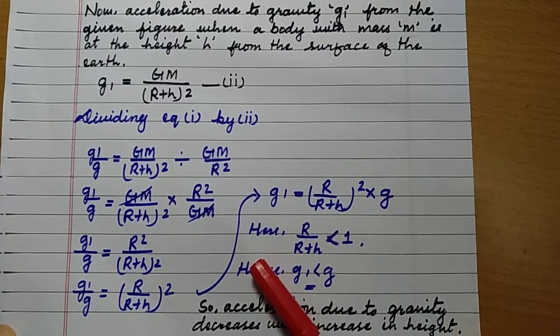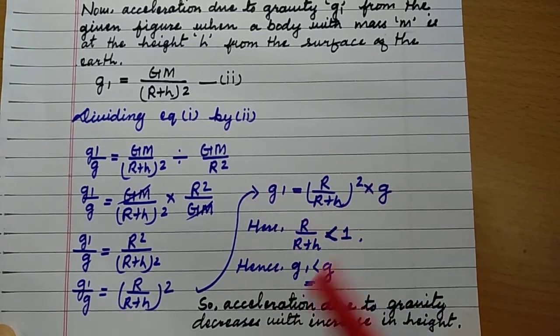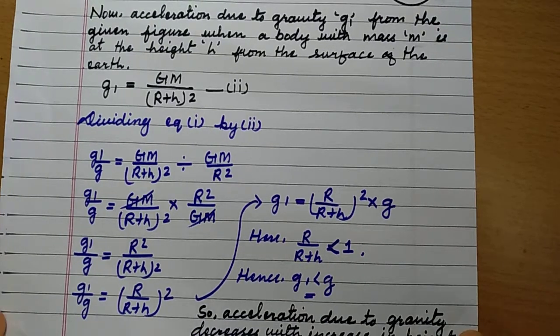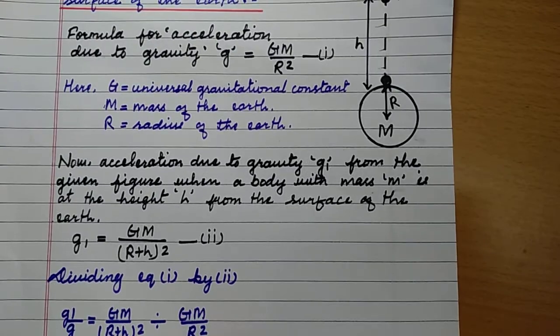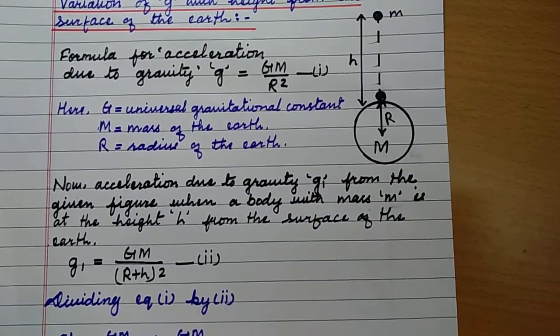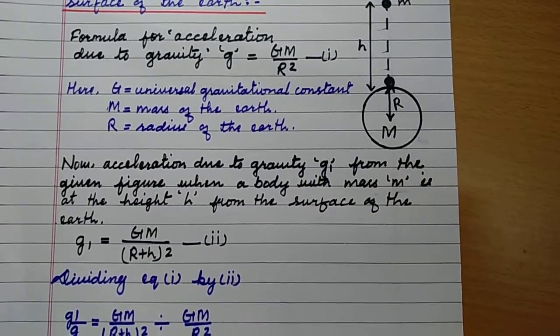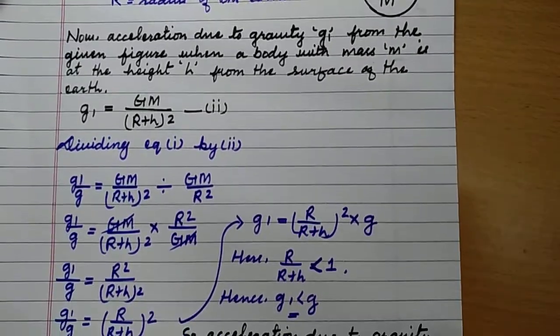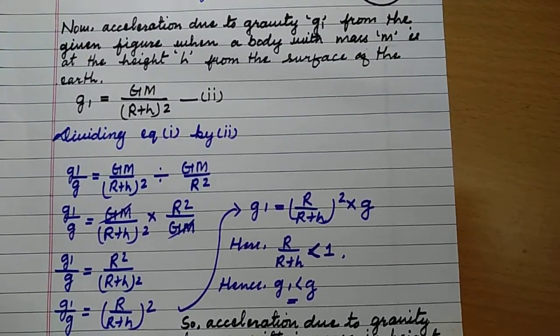You know this. Now this is the formula to calculate g dash, the value of acceleration due to gravity at the height. How to calculate acceleration due to gravity at this height? That can be done by using this formula: g dash is equal to (R divided by R + H) whole square into g.